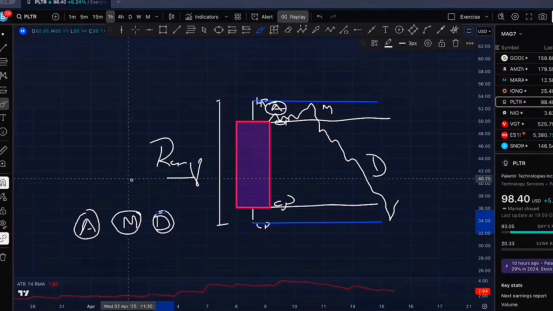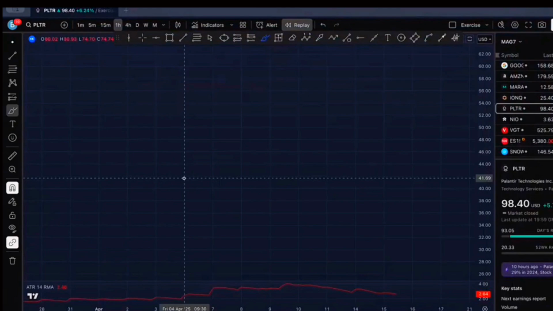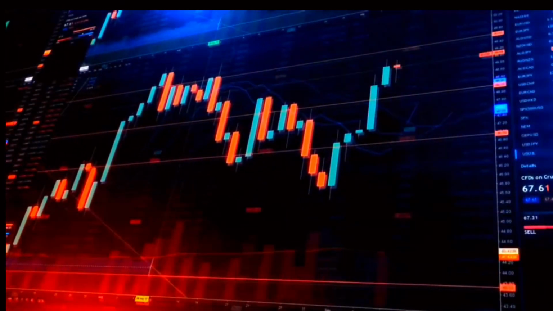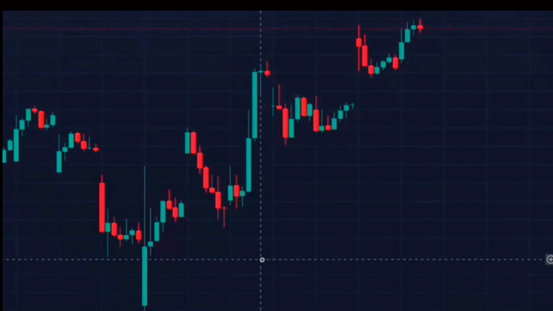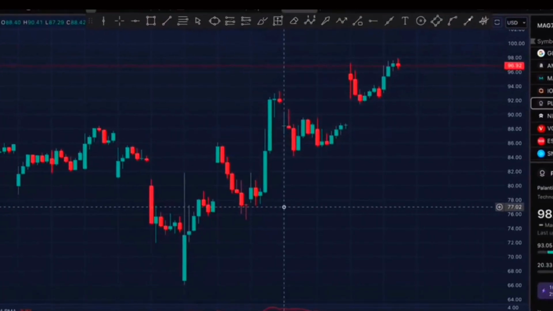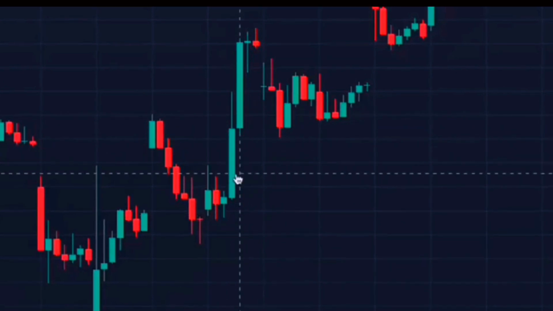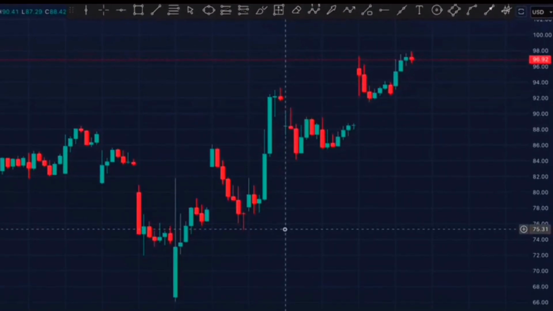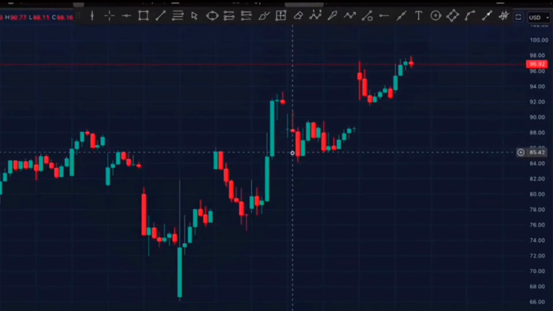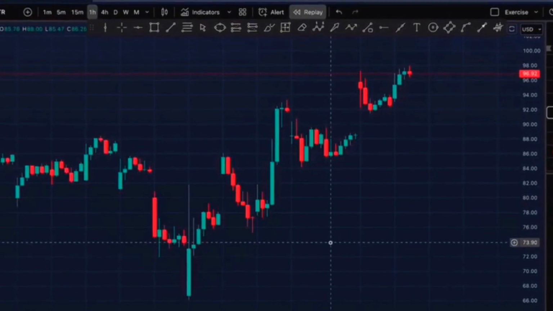Okay, so now what is the psychology behind the CRT? Every candle that we see in a chart, for example this chart that we have over here, represents a range. That is why we always have to remember that a run in a higher time frame is a trend in a lower time frame.